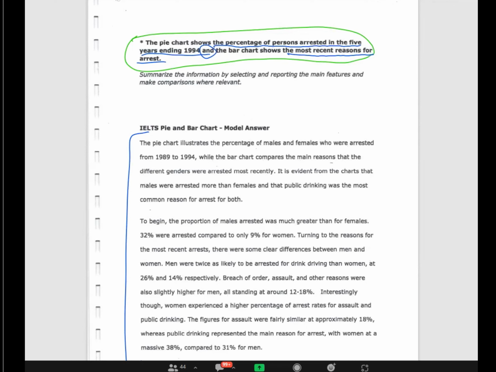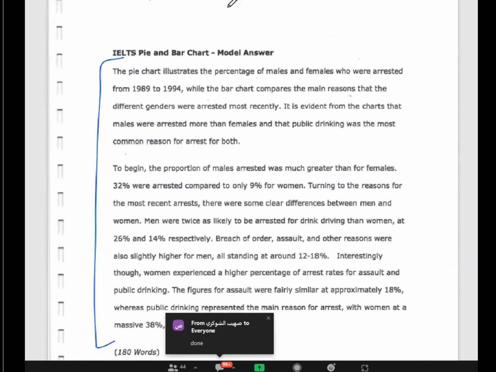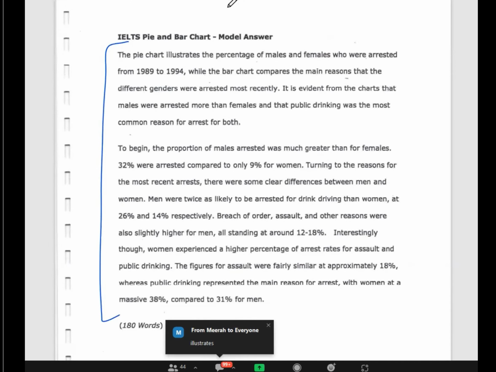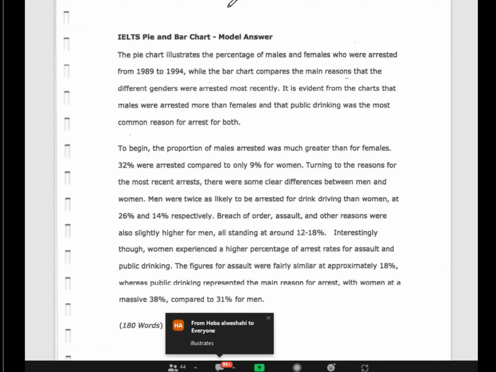Are you done? Right. So, keywords. Illustrate.